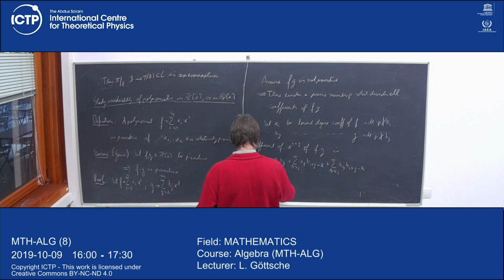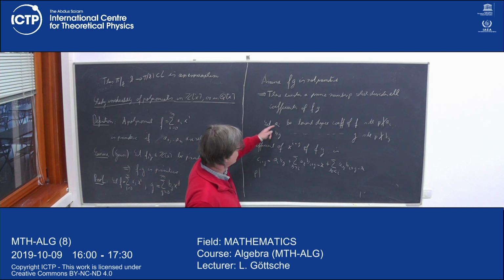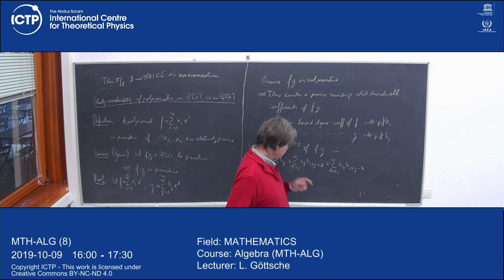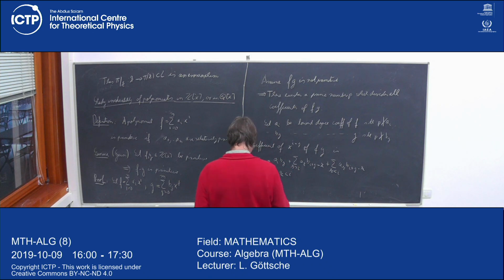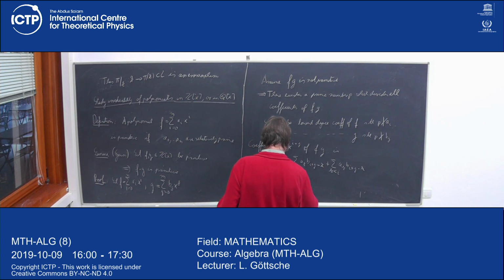So what do we see? We see that p divides, so this was the lowest degree for which it doesn't divide. So if k is smaller than i, then p will divide a_k. And p divides b_{i+j-k} for k bigger than i.